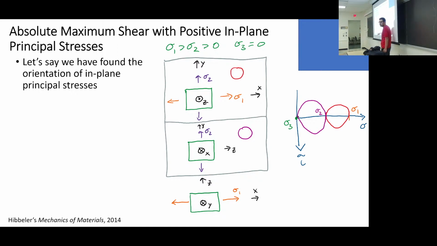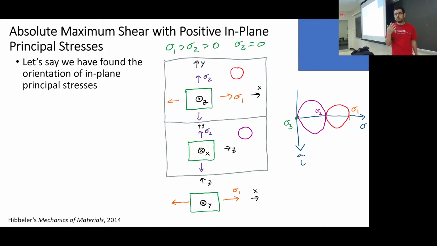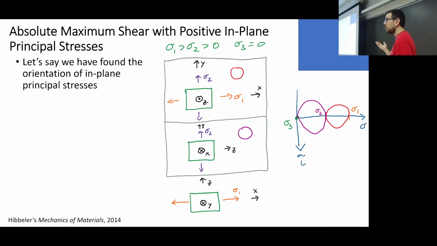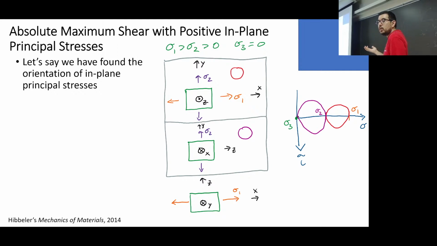So x is this, and the y coordinate system is going into the board. All we see now in this planar view is sigma 1. We see sigma 3 as well. But now this Mohr circle is going to be going between the sigma 1 and the sigma 3. Any questions on this?